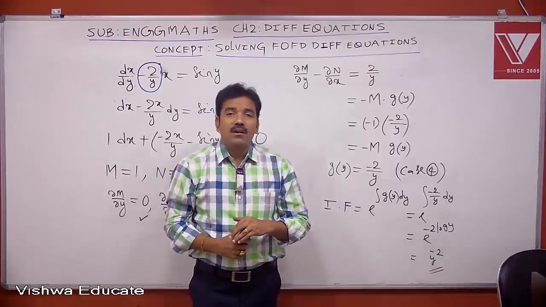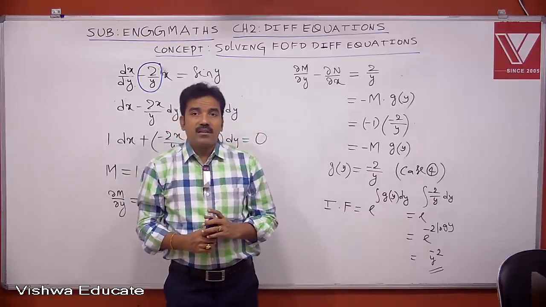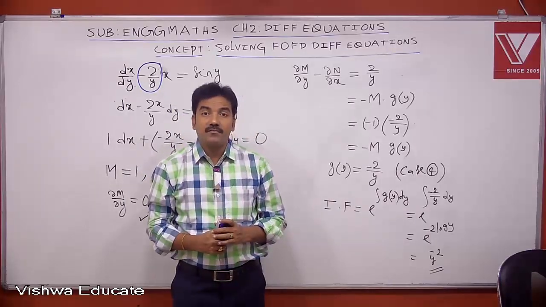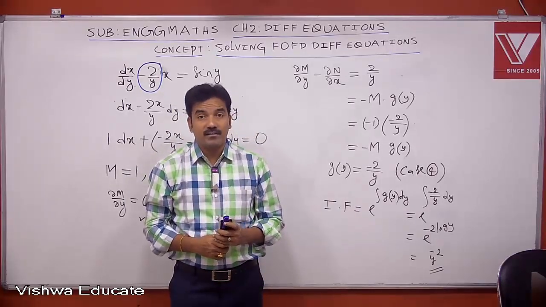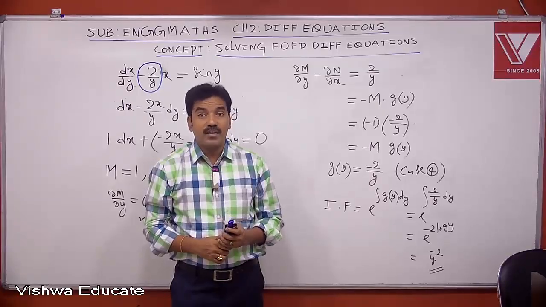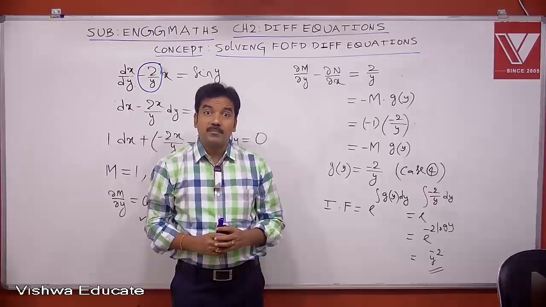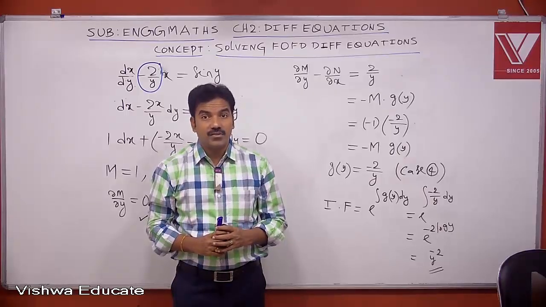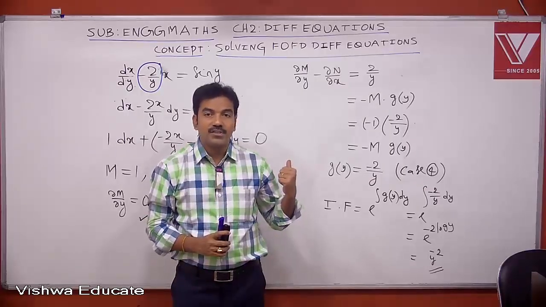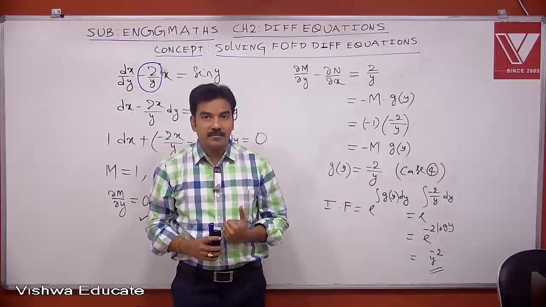Now, let me recall all the integrating factors. In case 1, the integrating factor is 1 by mx plus ny. In case 2, it is 1 by mx minus ny. In case 3, it is e power integral f of x dx. And in case 4, it is e power integral g of y dy.